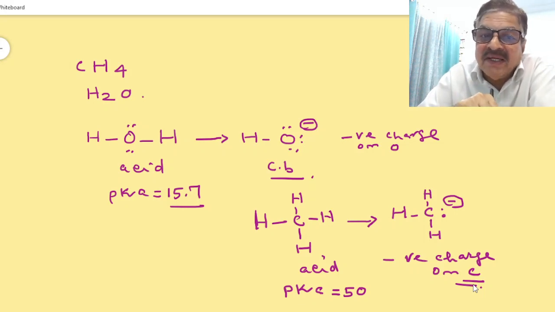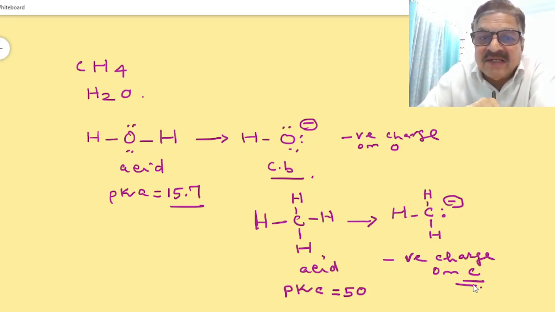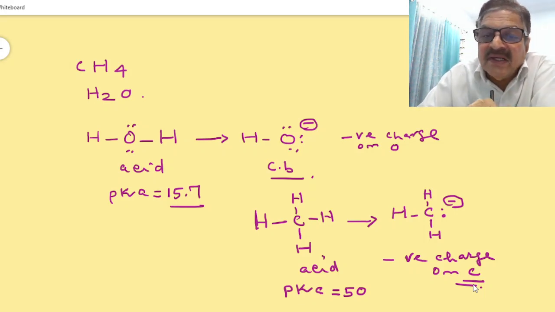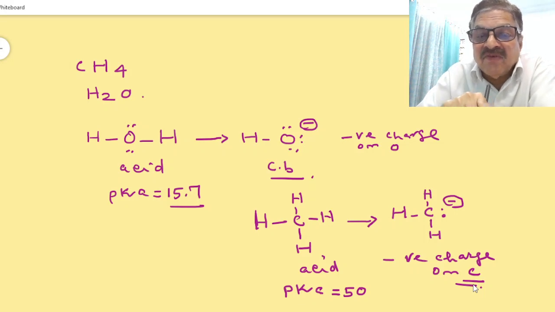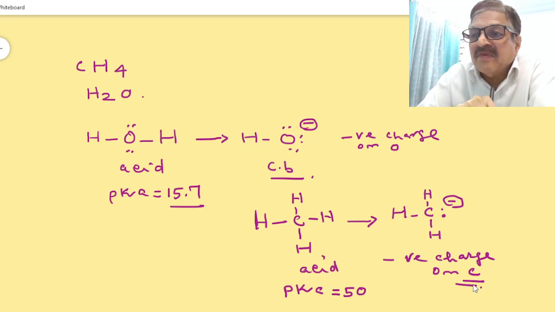Because here the negative charge is on a more electronegative atom, oxygen, oxygen more readily accepts the negative charge, making OH minus much more stable than CH3 minus. Therefore OH minus, the conjugate base, is more stable in the case of water. Therefore water is a stronger acid compared to methane.